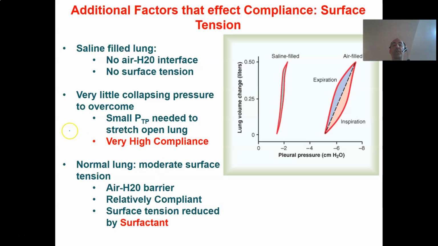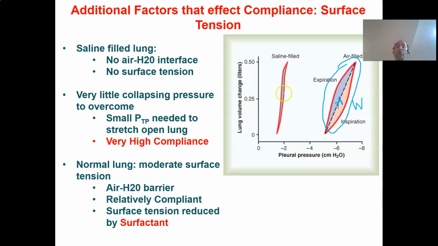Now let's look at, we're going to continue on with this idea of compliance and surface tension. In this figure, you have the change in lung volume in liters on the y-axis, and you have pleural pressure on the x-axis. You have the first compliance curve for a breath cycle that we looked at. This is with air inside the lung and water outside the lung.